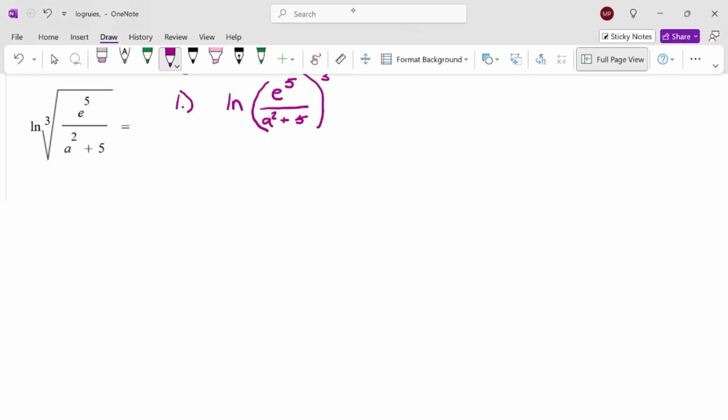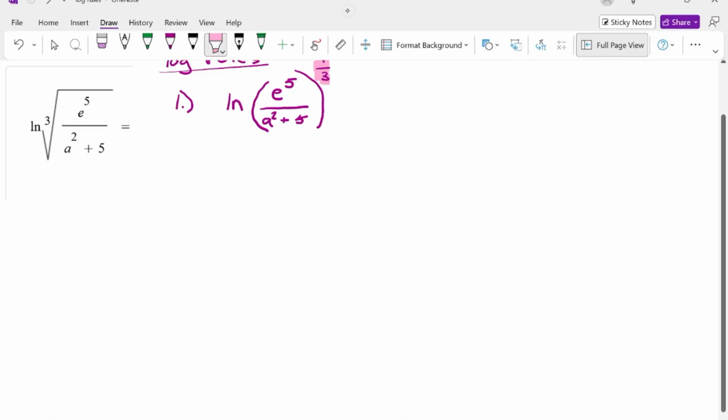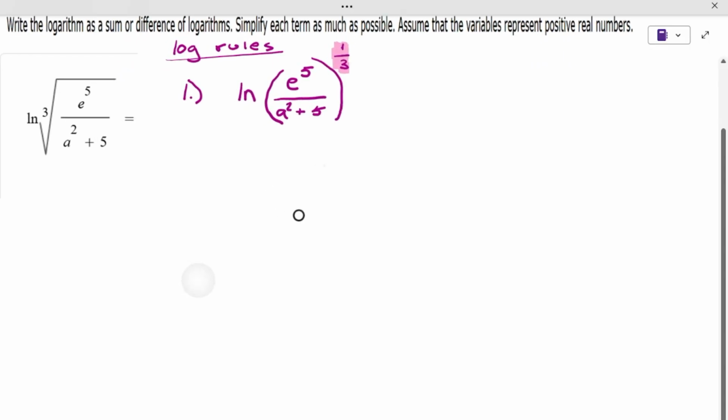So what can we do from here? I'm thinking we could still work with a similar thing of the exponent now, this 1/3. Let me switch my pen here. Let's do a more hot pink color, because hot girl math, hot pink. I think we can use what's called the power property.